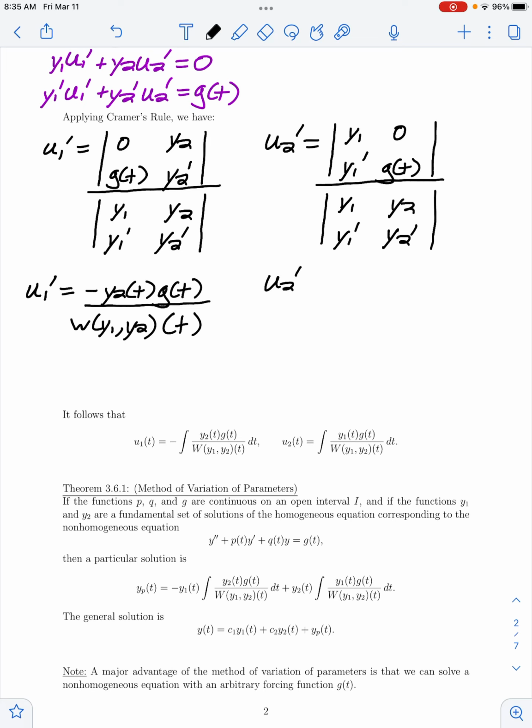In solving for u2 prime, the determinant for our numerator gives us y1 times g of t minus 0. And we're dividing by the same determinant for our denominator, which is the Wronskian of y1 and y2.